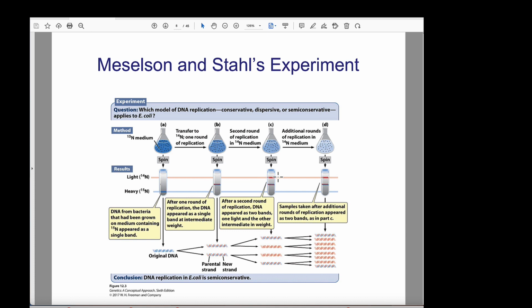Given the results from this study, it was concluded that DNA replication occurs in a semi-conservative manner. The reason why it could not be dispersive is because dispersive would suggest that every round would always show an intermediate band, because there's fragmented DNA of old and new. But that is not what we see in this study. We see an intermediate band and then over time a higher N14 band, which suggests semi-conservative replication.